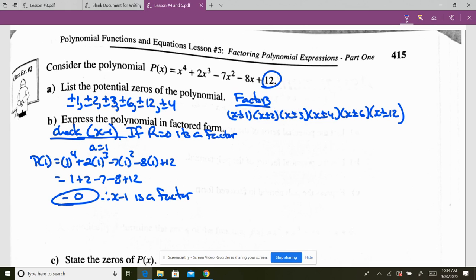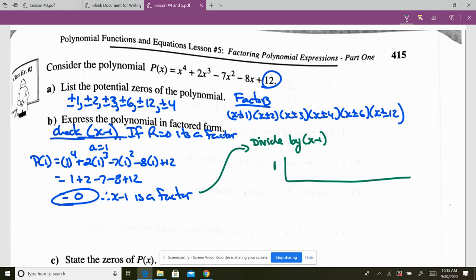Because then what you do is you do synthetic division. Okay? So divide by x minus 1. So 1 goes on the outside. Do I have to add in any zeros for our polynomial?